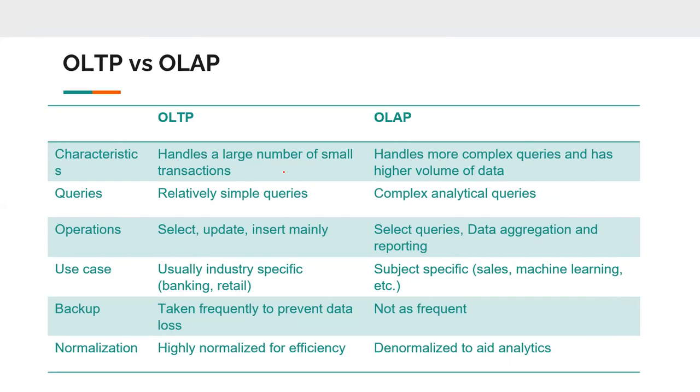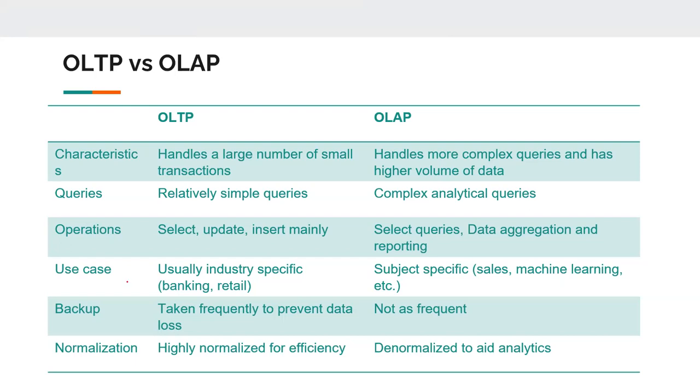Then for OLAP, it's subject specific, maybe for sales reporting to check the performance of the marketing team or the sales team. For machine learning processes, say you are trying to build a new product, then from your data you try to get relationships or business ideas. So you use online analytical processing.